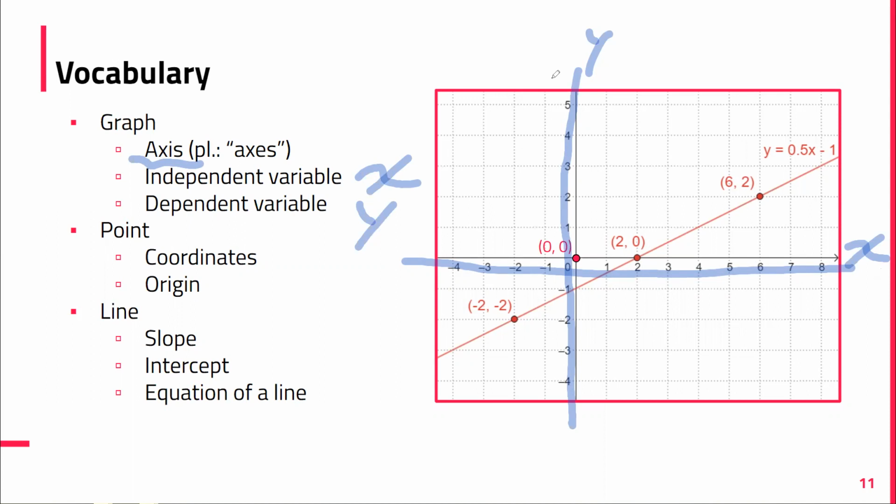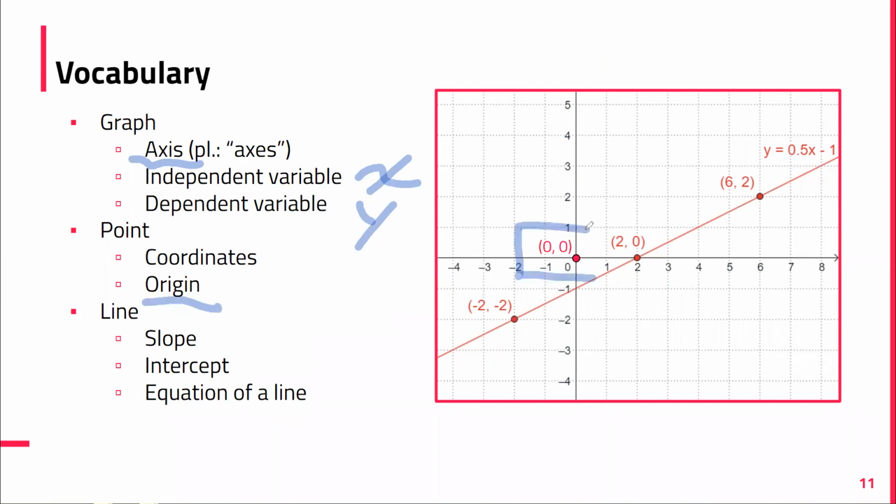So x is independent, y is dependent. Points, coordinates, we talked about that. I think that wasn't too tricky, but the origin, remember, is this special point here of 0, 0. So fancy name there. Equation of a line, something like this, y equals 0.5x minus 1. We'll look at some more examples of that today.